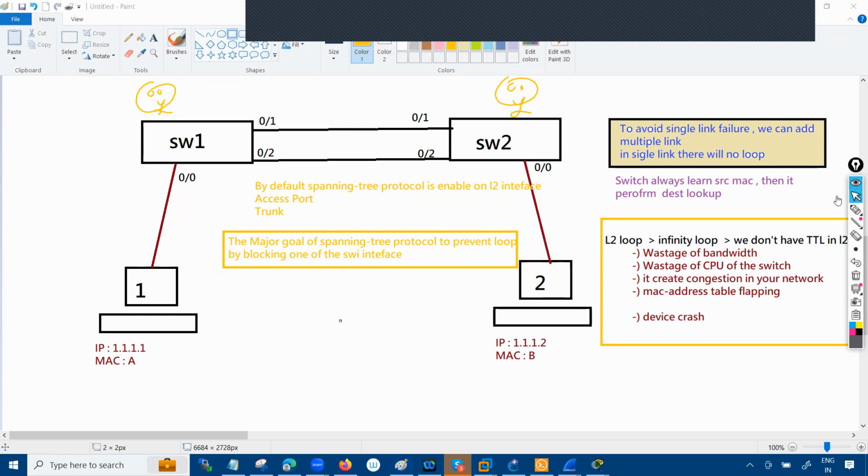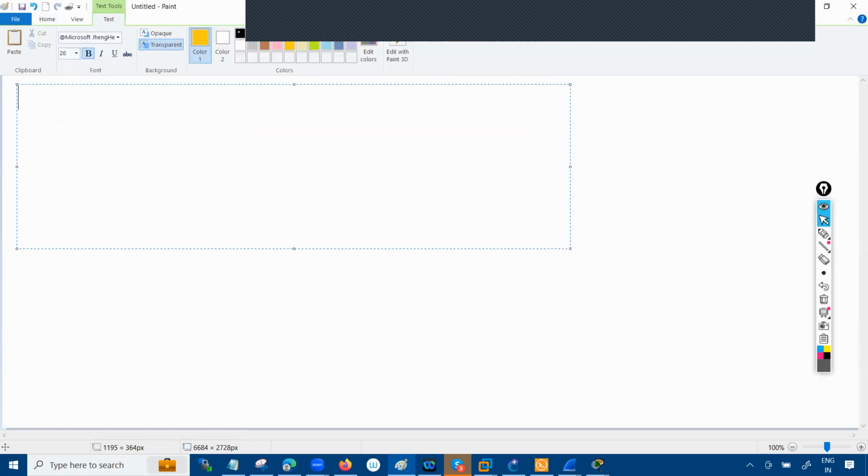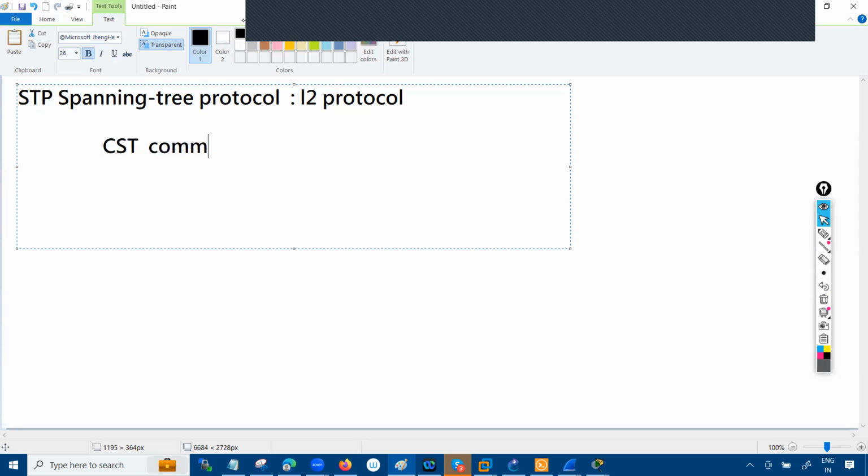The spanning tree protocol has multiple types. It's a layer 2 protocol, guys. The first type we have is called CST, Common Spanning Tree protocol.